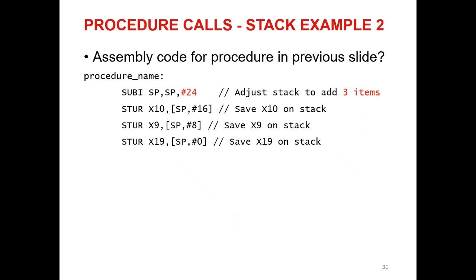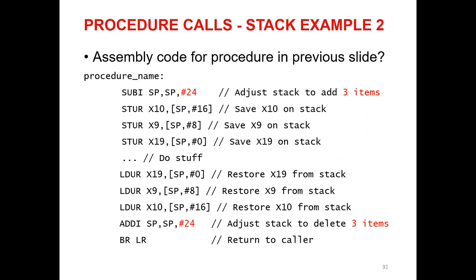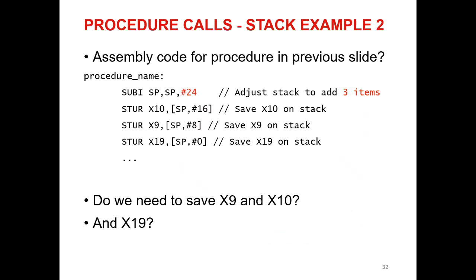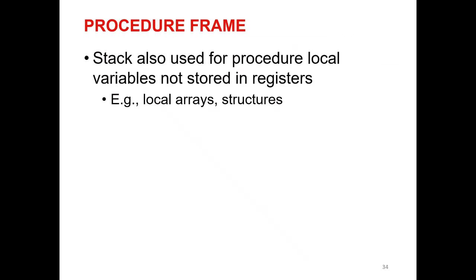We store all those items in the stack, do what we want to do in the procedure, and before ending, we restore the value of those elements from the stack. So this is what I asked you, and this is the answer: we don't need to preserve the value of 9 and 10, but we need to preserve the value of 19.